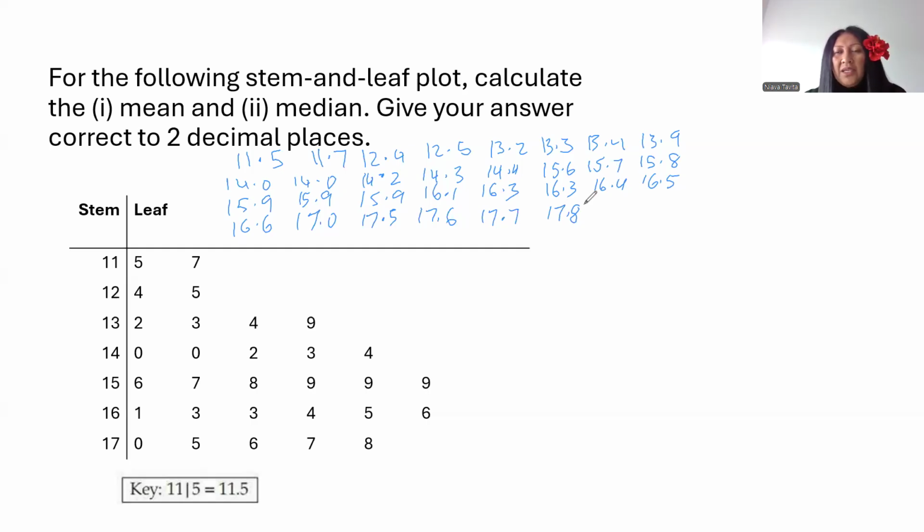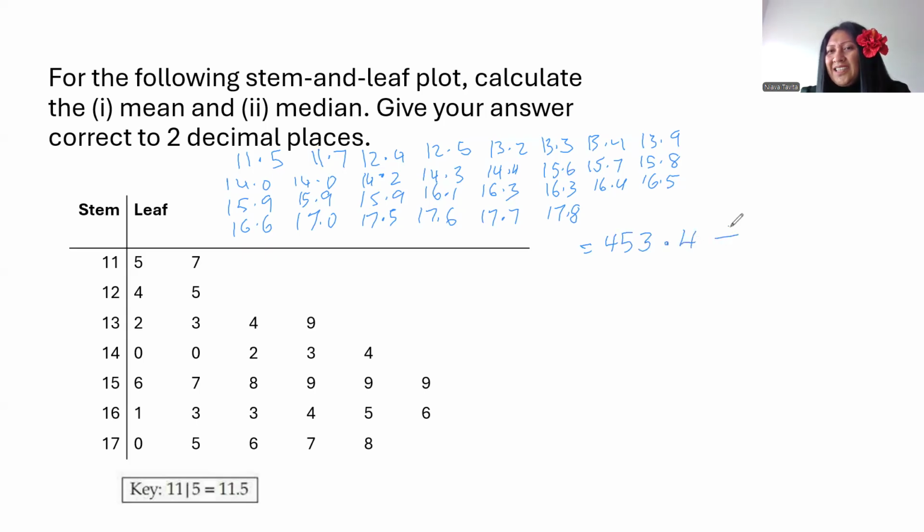So to find the mean, remember the formula for finding the mean or the average is that you will have to add up all of the data points and then divide by how many data points there are. So you can just put all of these numbers into your calculator and add them all up, and this comes up to 453.4.